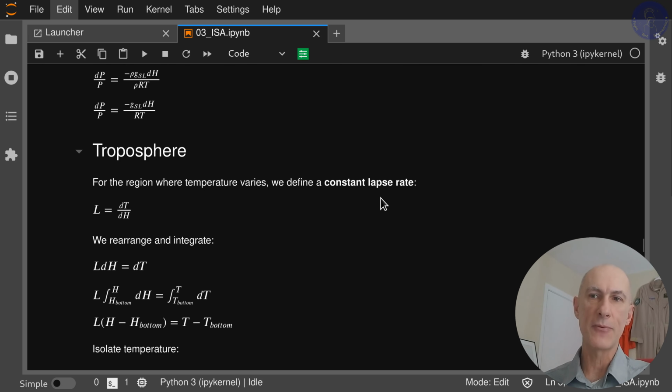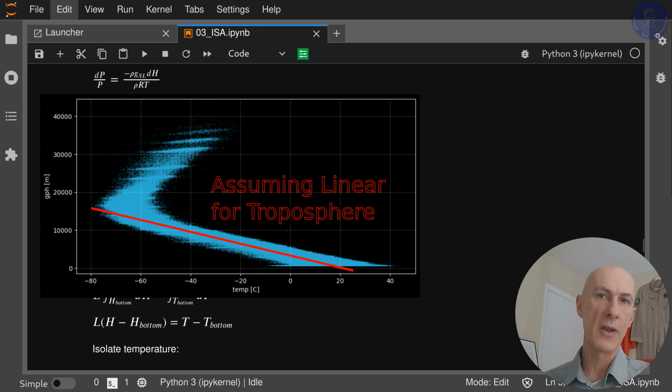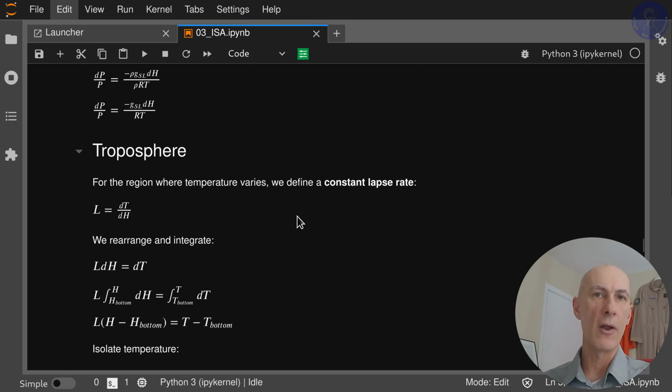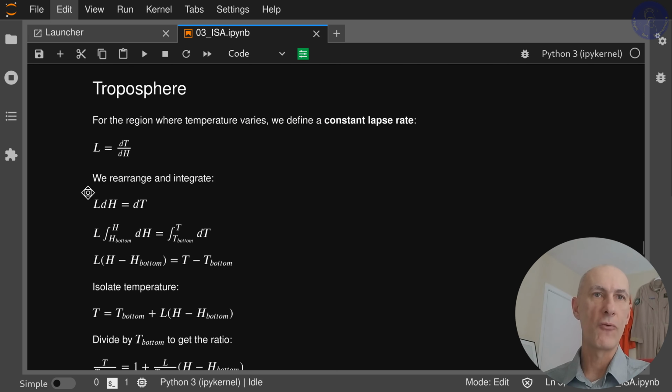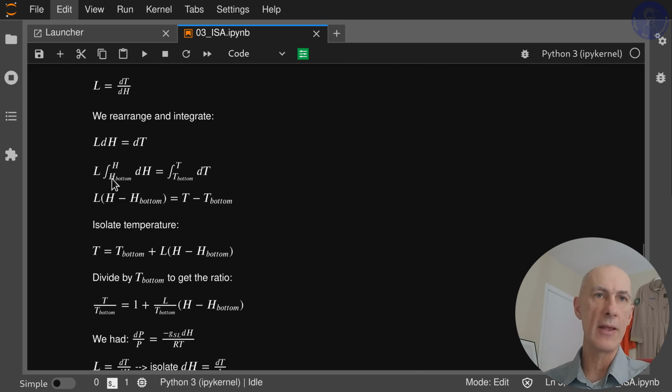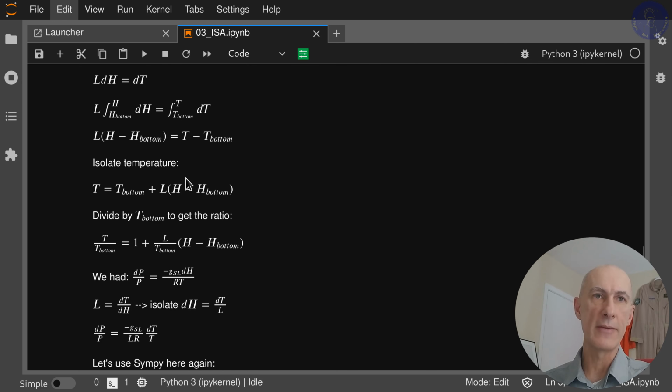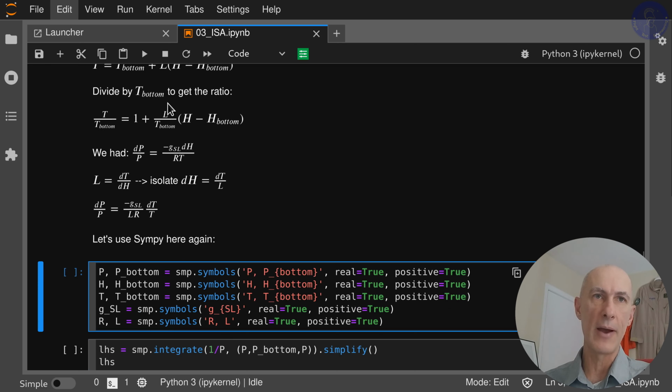We can define the lapse rate, which is constant, and that is how temperature varies with altitude. We assume it is a straight line, giving us a relationship between the temperature at a height h and the bottom of that band. And if we rearrange and integrate, we can then isolate temperature and then divide by T bottom here to get this equation.